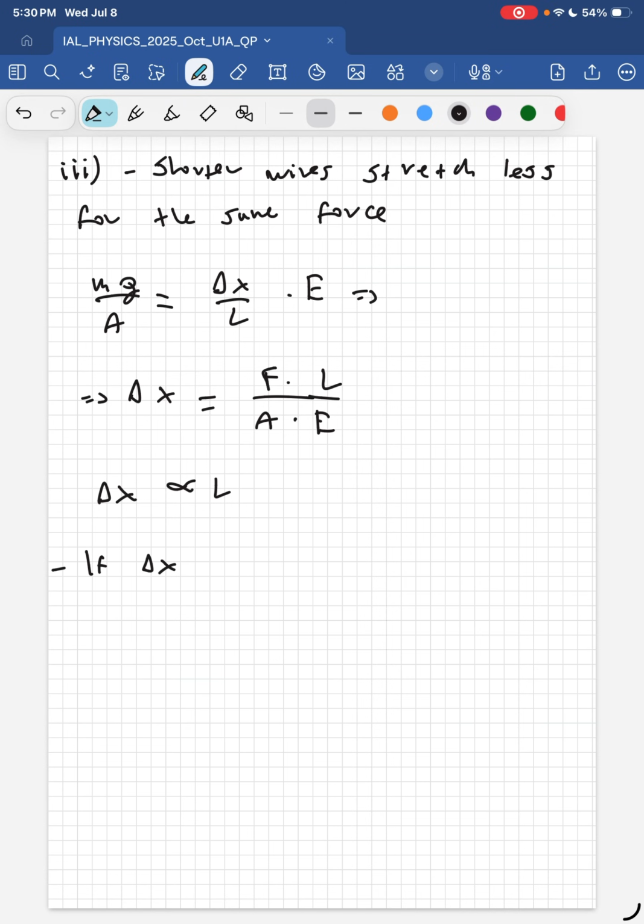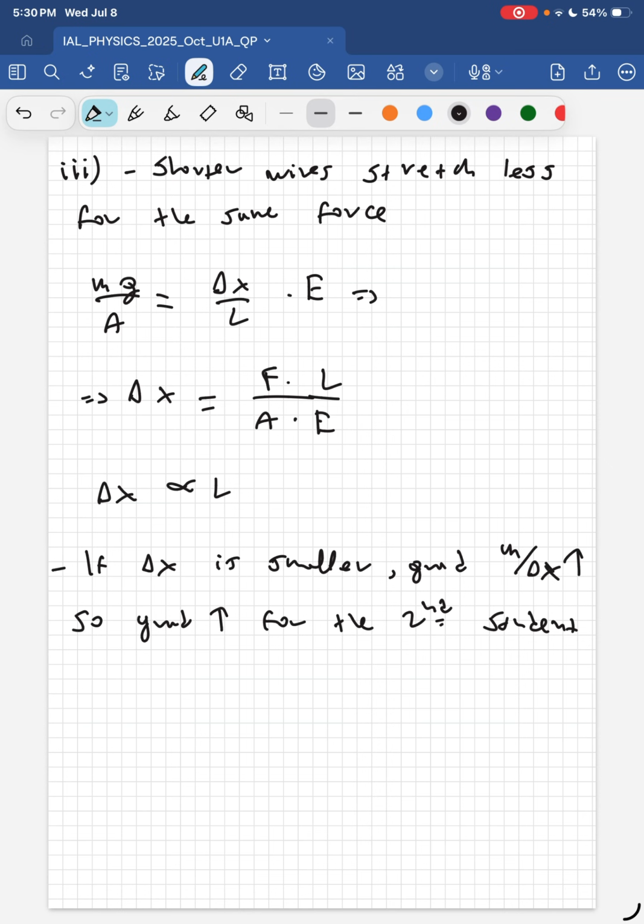So if delta x is smaller, the gradient, which is m over delta x, is larger actually, because delta x gets smaller. So the gradient increases for the second student.